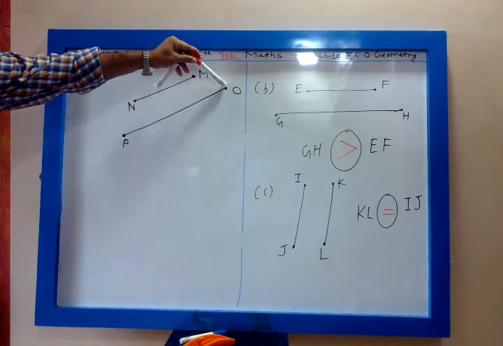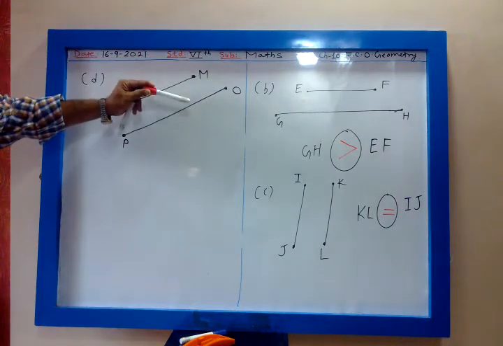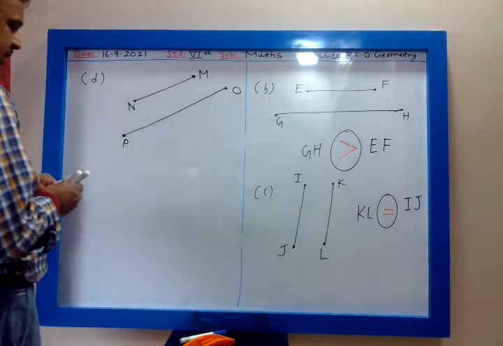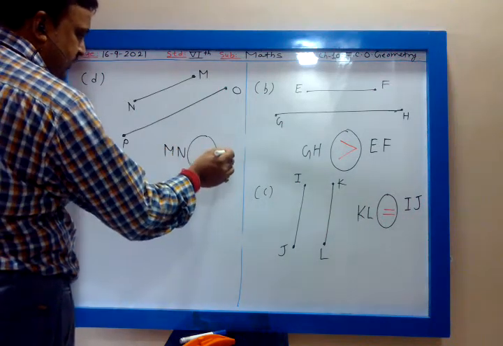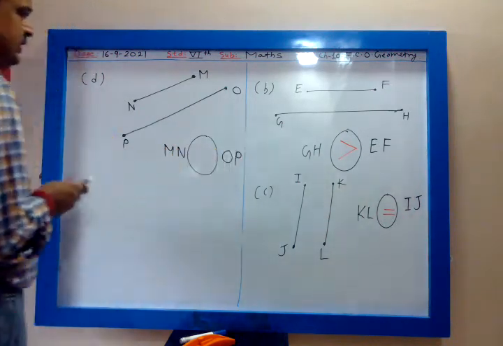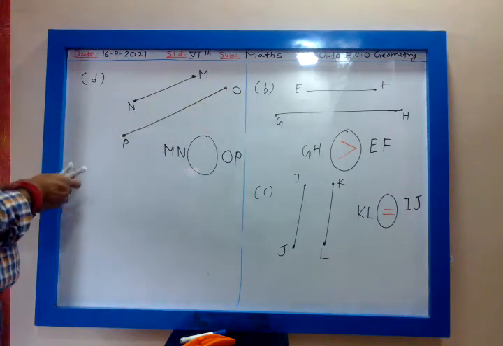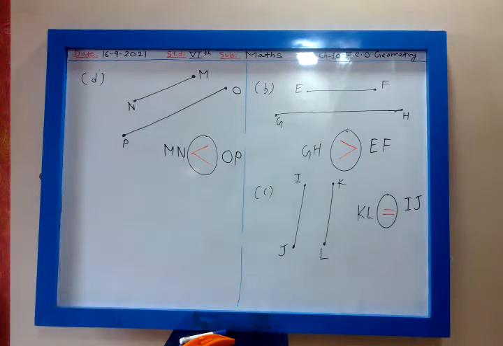Then you will keep one tip of the divider at this point, other tip at this point. So MN and OP. Now which length is bigger? MN is this much, OP is this much, OP is bigger. So MN is less than OP or OP is bigger than MN.